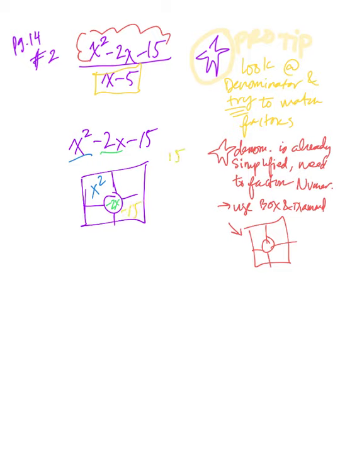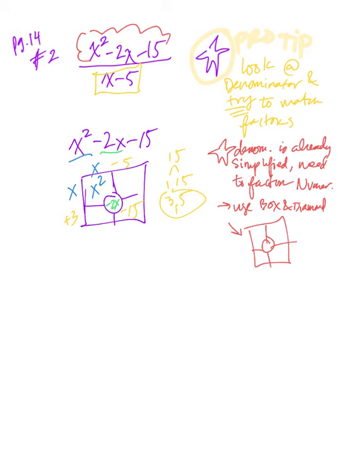Factors of 15 are 1 and 15, 3 and 5. I have 2, so it's probably 3 and 5. It's negative, so I'm going to force that to be negative 5. This is going to be positive 3. I forgot my x's.